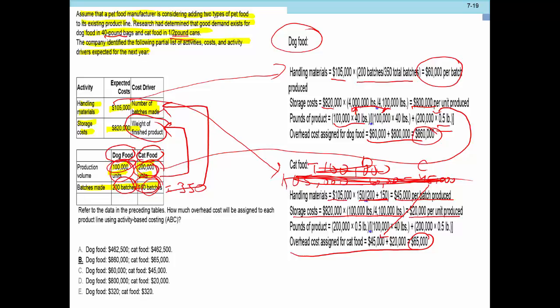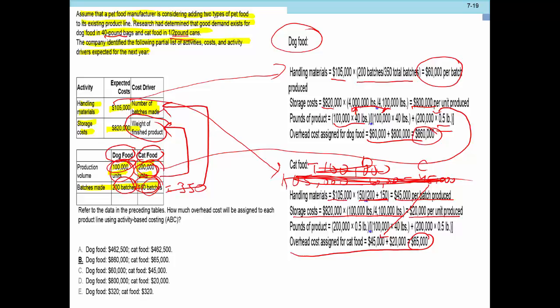So I have to turn the units into pounds, don't I? And since they told me that it's a half a pound per can of cat food and 40 pounds per bag of dog food, I have to convert those by multiplying the units by 40 for the dog food and by a half, 0.5, for the cat food.